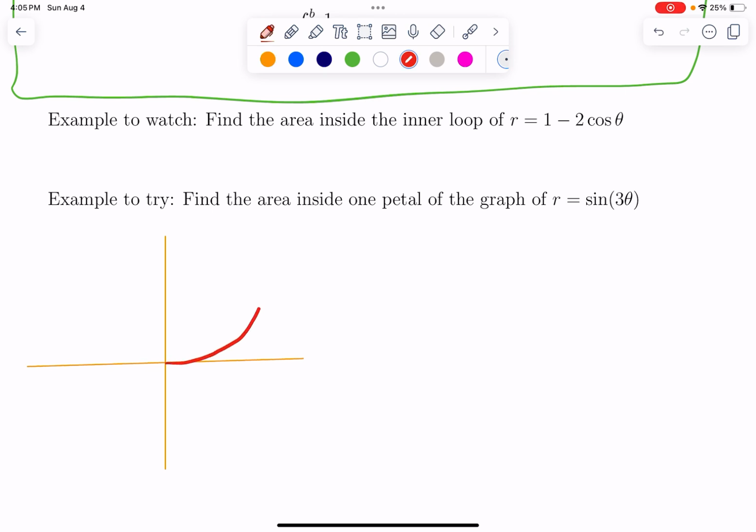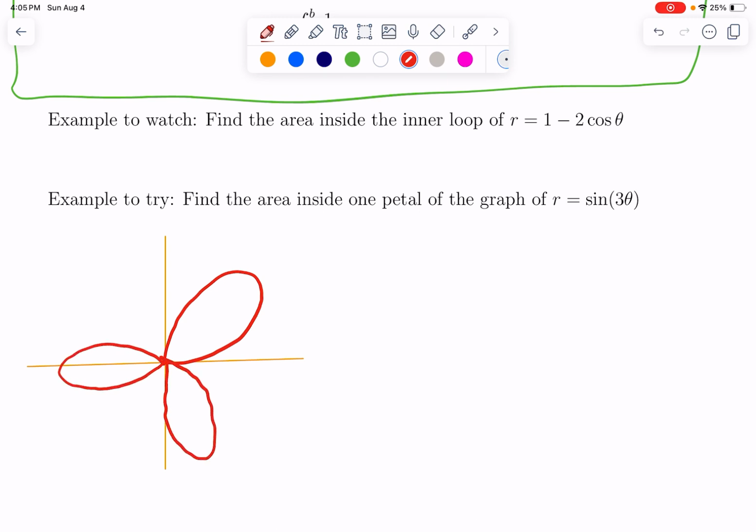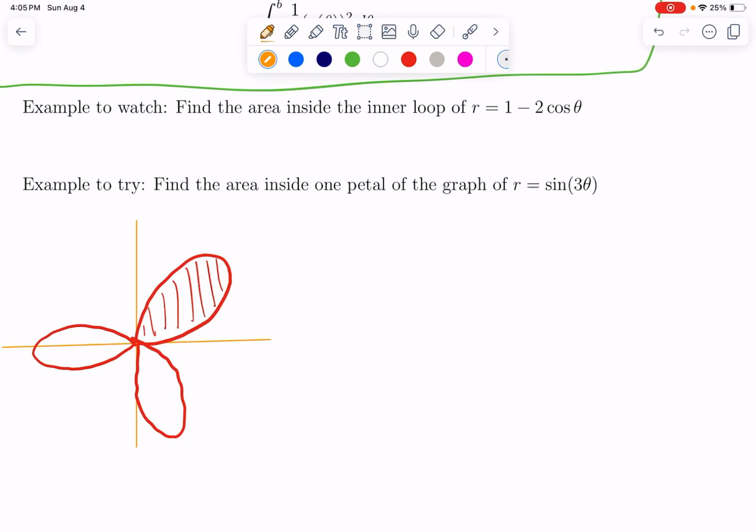Think about how you might get that. Okay, so the trick, of course, is to figure out at which angles does an individual petal begin or end. An individual petal begins or ends when r equals 0.